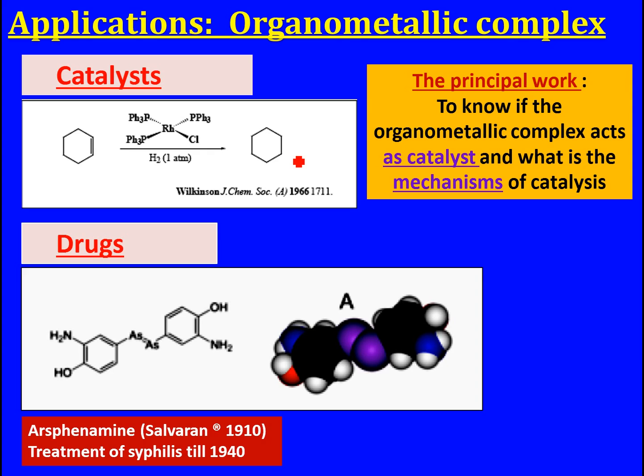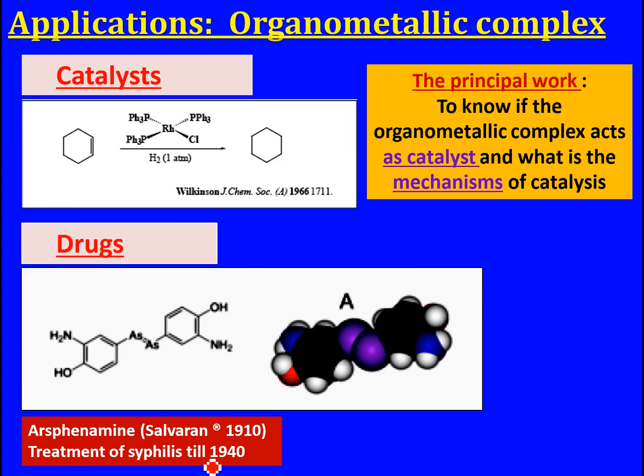Wilkinson is a British scientist. Organometallic complexes were used also as medicinal drugs. We have an example, arsphenamine, where we have an arsenic metal center and a phenamine ligand, known as Salvarsan, 1910, which was used for the treatment of syphilis in 1940.